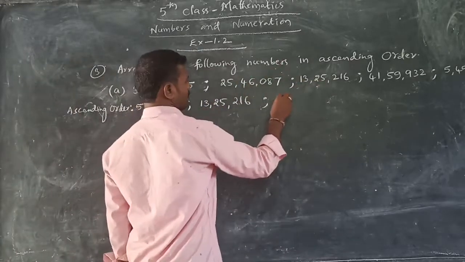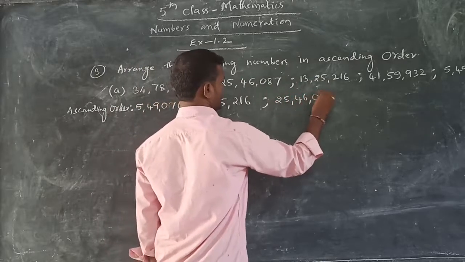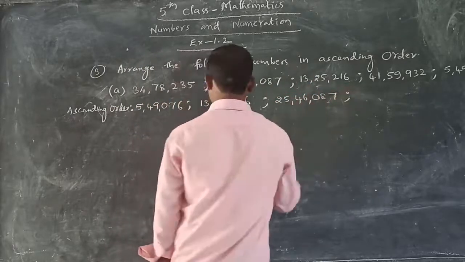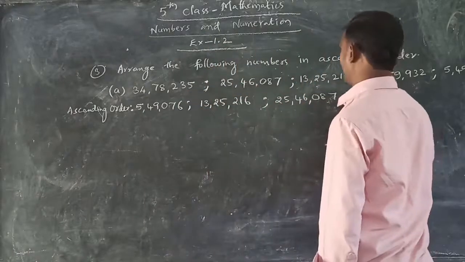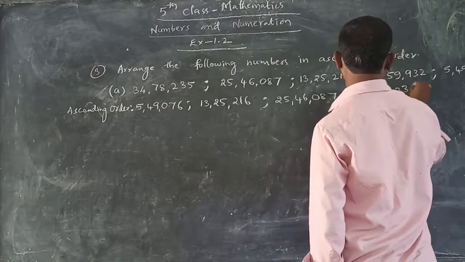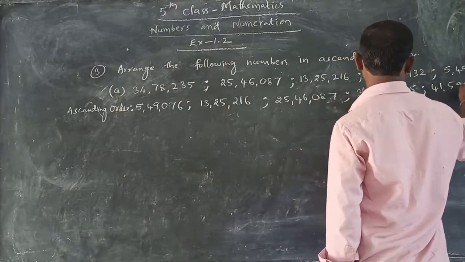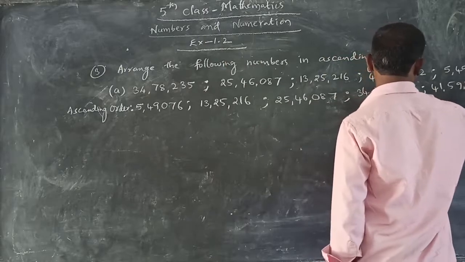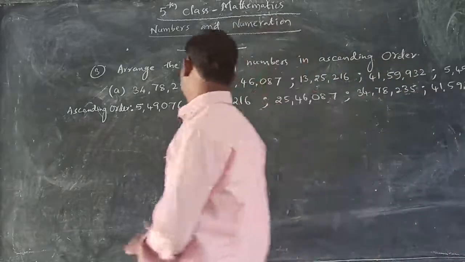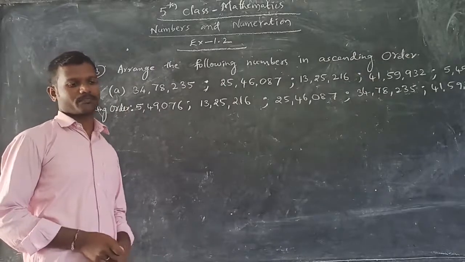So 25 is the smallest. 25 lakhs, 46,087. Next one, what? 34 lakhs, 78,235. And the last one is 41 lakhs, 59,932. Okay, this is the ascending order of the numbers given in the problem.